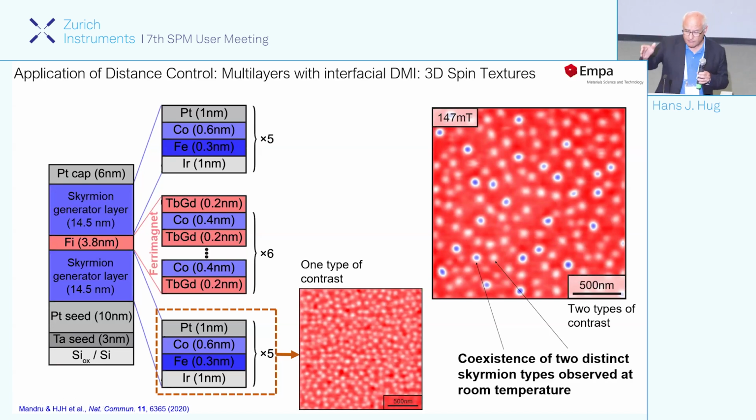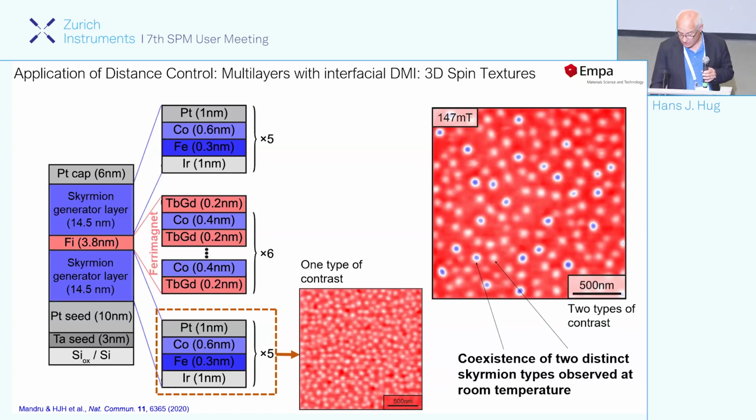And please believe me, we know what each of these layers does, and we can also measure the macroscopic properties. And what you get is two different skyrmions. And that's what we're interested in, having a bit 1 and a bit 0 in the same sample. So two different types of skyrmions coexisting in one material. And then you need to figure out in which layer these skyrmions actually exist.